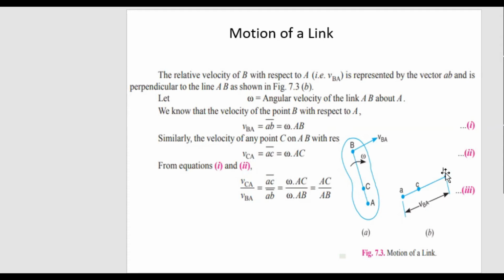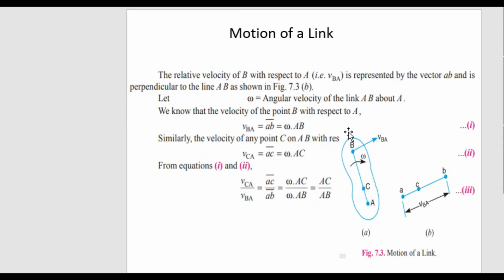Since this is a vector quantity, we use the direction vector. AB bar is equal to omega into AB. We know velocity is equal to R omega, where R is the radius. If this is rotating about this point, this is the R and this is the omega. So omega into r will give you the velocity. So VBA is equal to omega into AB.